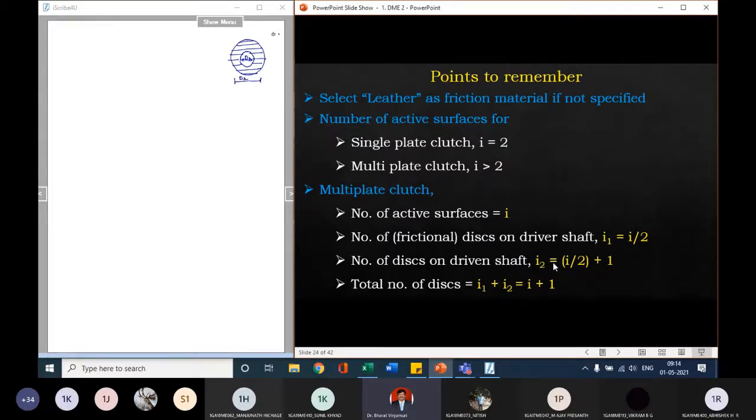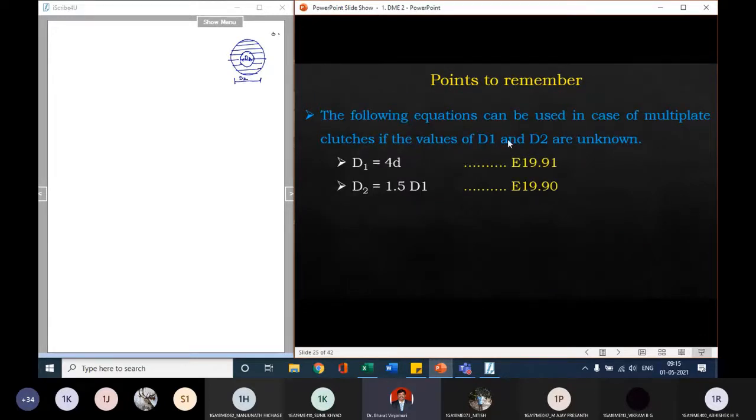On the driven shaft, I2 will be equal to I by 2 plus 1. And the total number of discs will be equal to I1 plus I2, which we have already discussed in the last class while solving the numericals. So this is the number of active surfaces, and these are the equations which we will be trying to use.